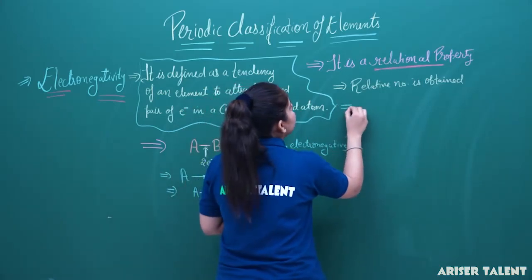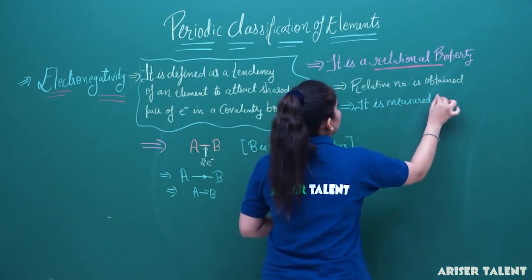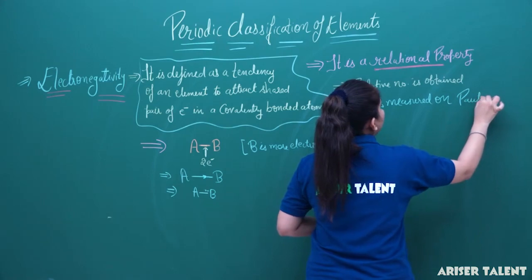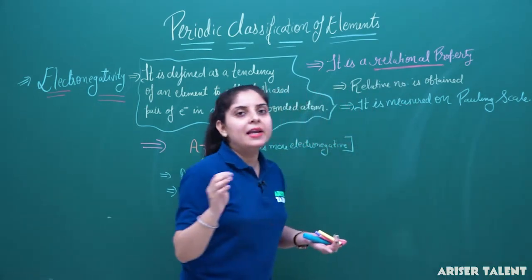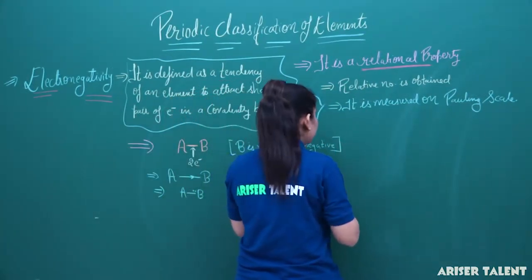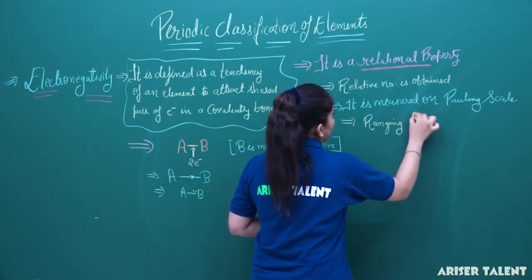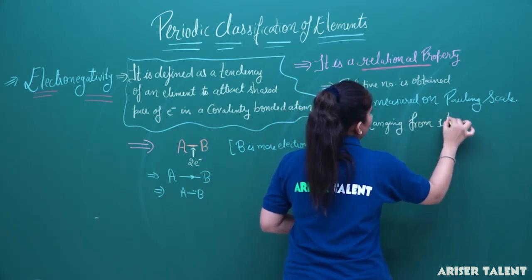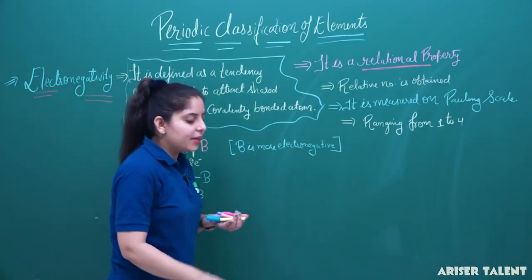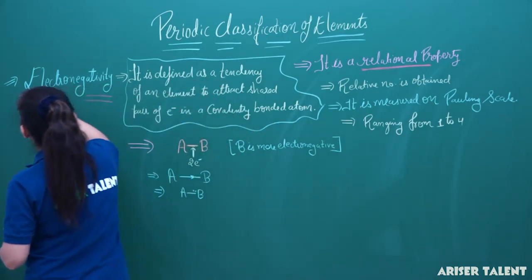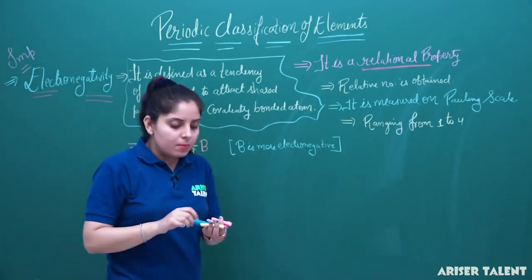So we can say that it is basically measured on the Pauling scale, which ranges from 1 to 4. So this is about the basic features of electronegativity, and again this topic is very important because increasing or decreasing order type questions can be asked from this topic.